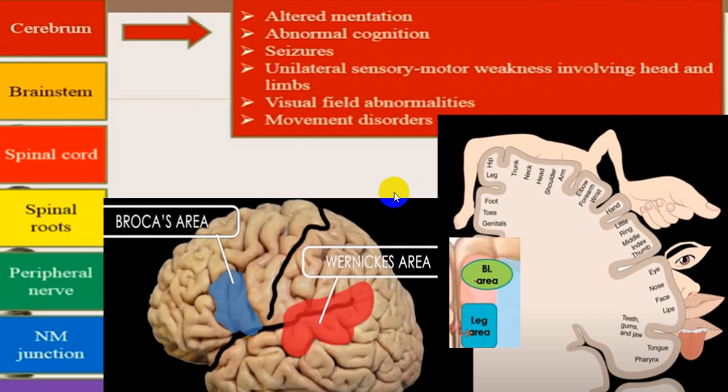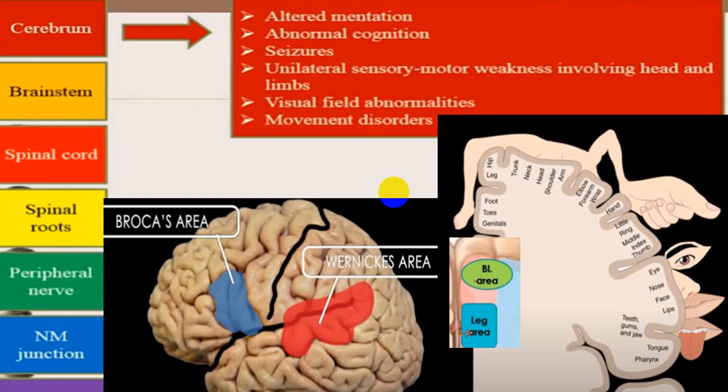If you get involvement of the anterior cerebral artery, it will be lower limb more involved as compared to upper limb and face. And if it is a middle cerebral artery, it will be more of face and neck with upper limb involvement, sparing lower limb, and it will be the contralateral side.